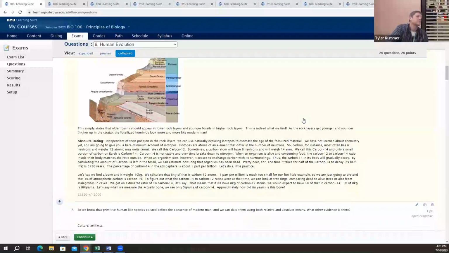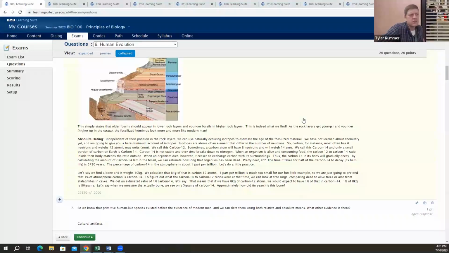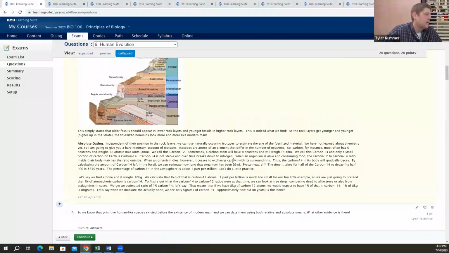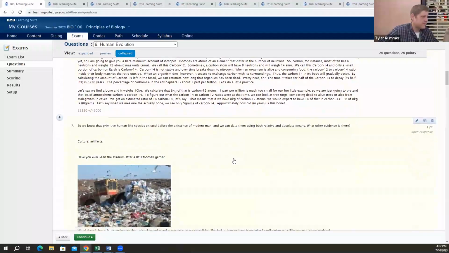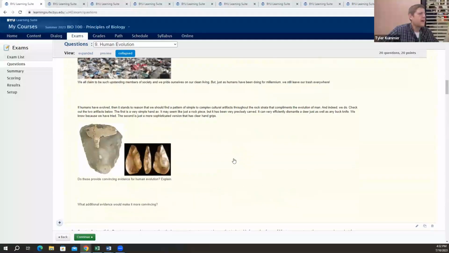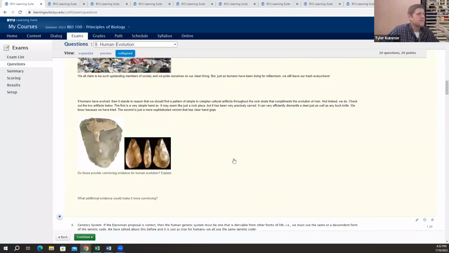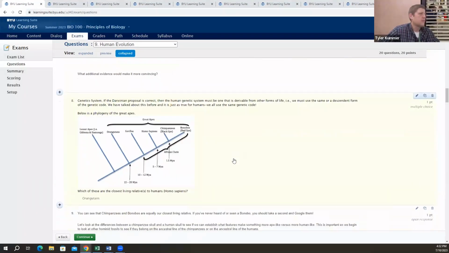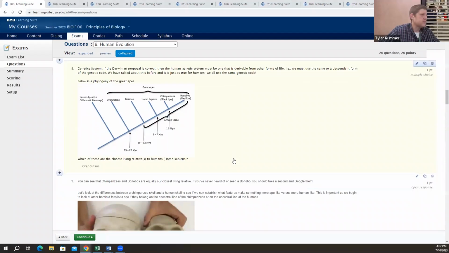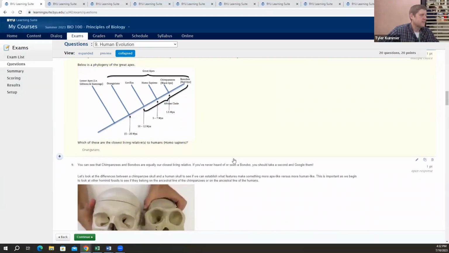And so that helps us understand how we come up with those ages. And there's different isotopes that allow us to do older things, but that's the general idea. Obviously simplified in a lot of ways, but it lets us understand how old things are. Other things we can look at to identify fossils that might be human, we can look at tools, we can look at evolutionary trees, and we can figure some of these things out.